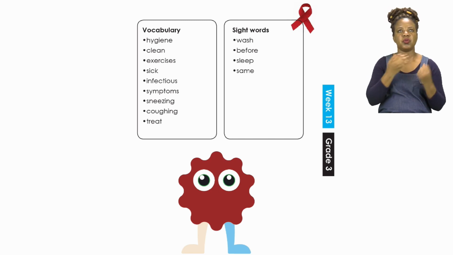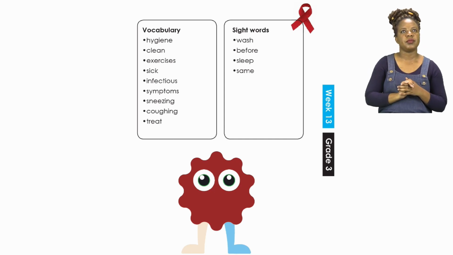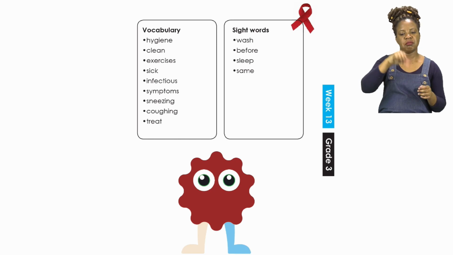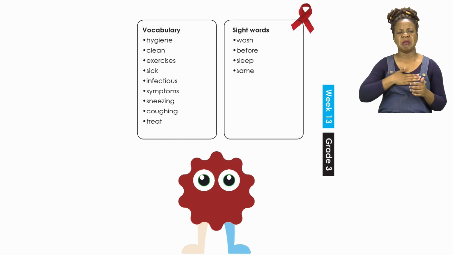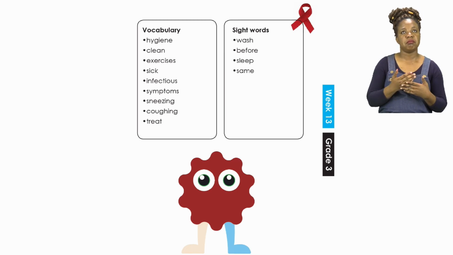The next word that we have is the word sick. The word sick is a state of not feeling well. We can use the word sick in a sentence that says, Mrs. Botha was sick this afternoon.